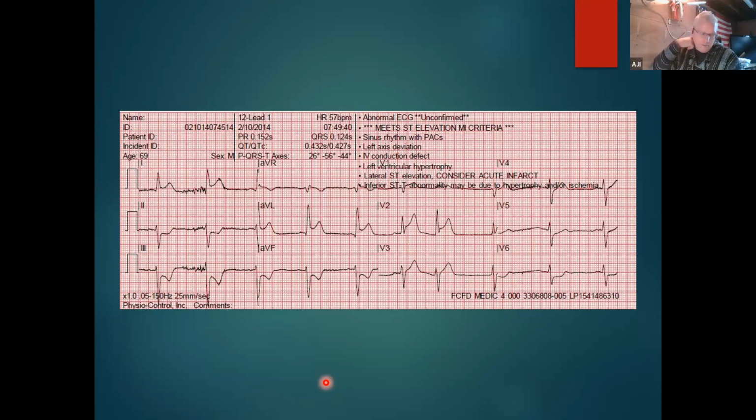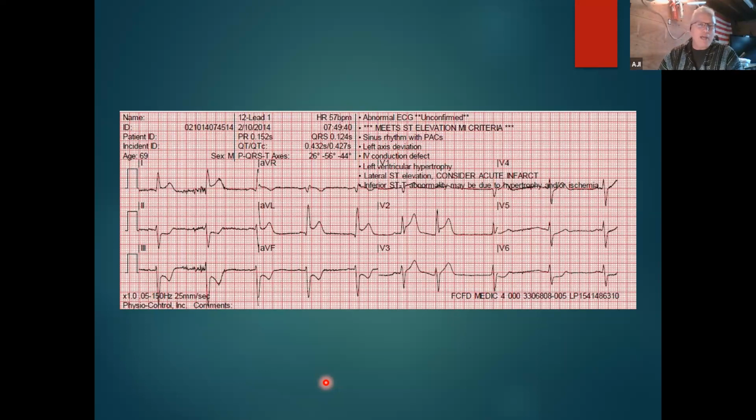So if this came in and you've done everything right, the cardiologist will be notified. You'll walk in with this patient, they'll say, hi, how you doing? Slap you a high five, check the patient in, and have you all go to the cath lab. If you go to the cath lab, you get to watch the whole thing. It's pretty cool.